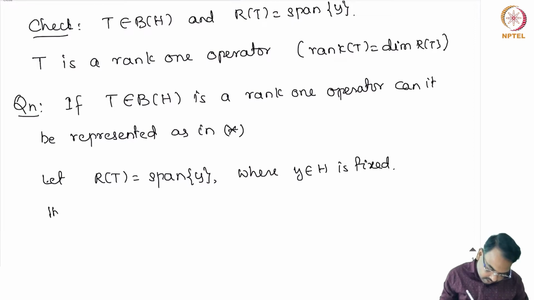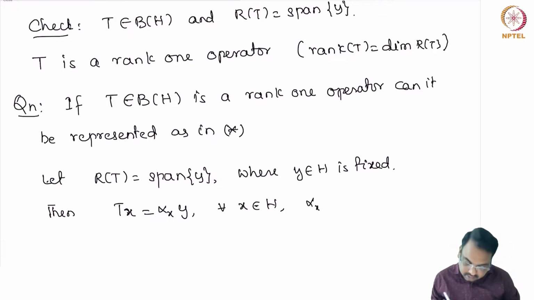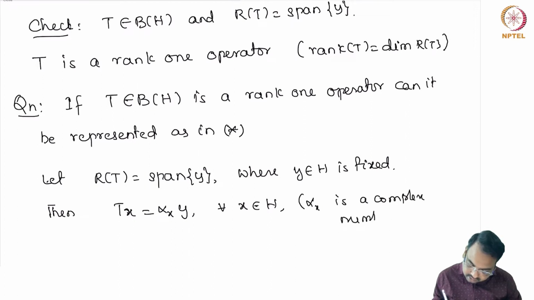Then we can write Tx as alpha_x y for every x in H, where alpha_x is a complex number depending on x.